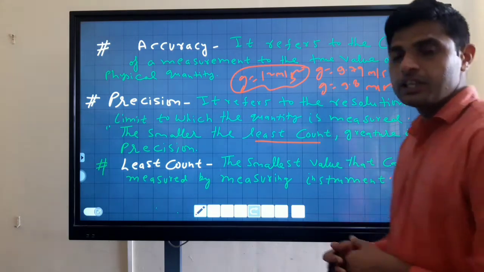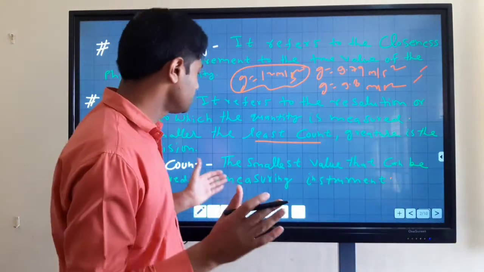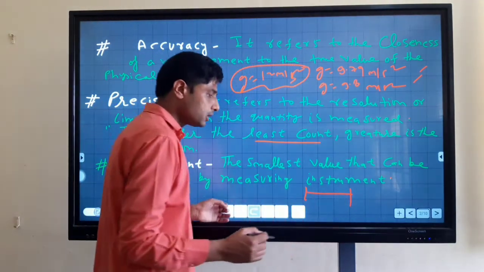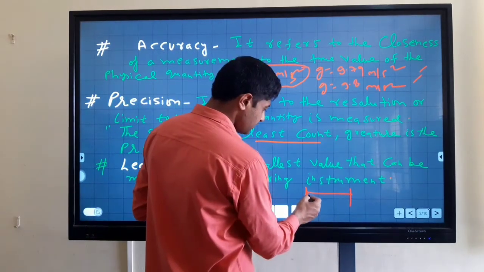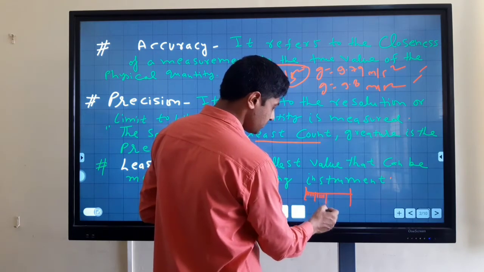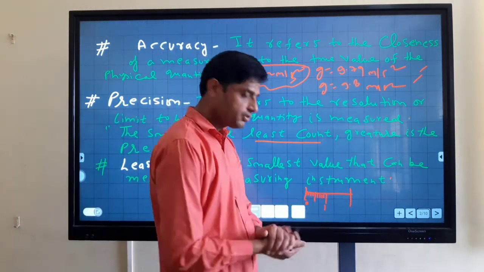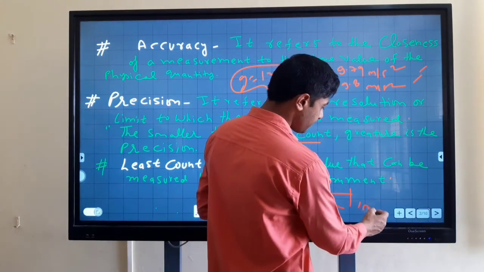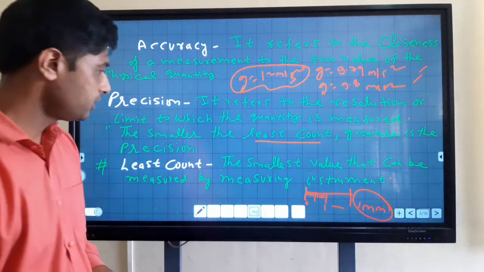Like in a meter scale, we can measure the distance to 1 millimeter, because between 0 and 1 centimeter there are 10 divisions, and 1 division represents 1 millimeter. So the least count of the meter scale is 1 millimeter.